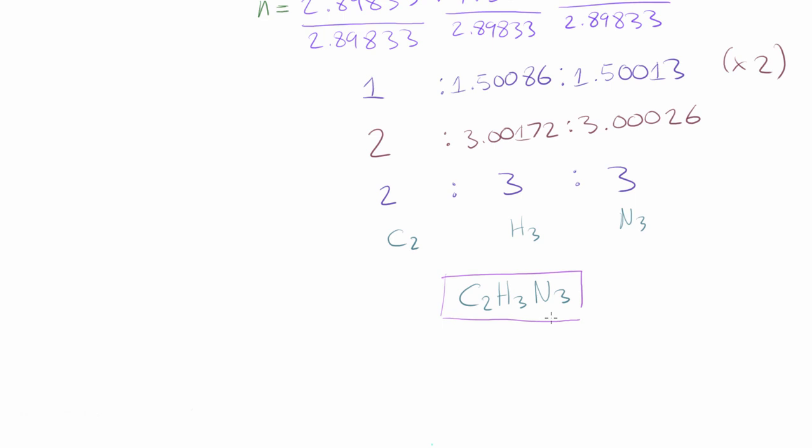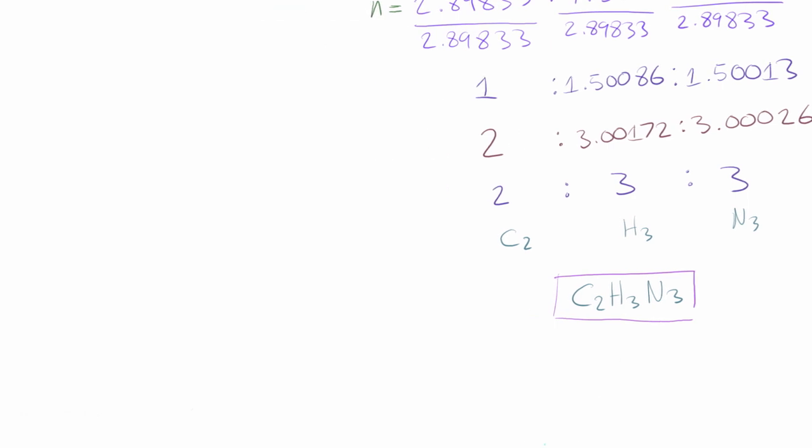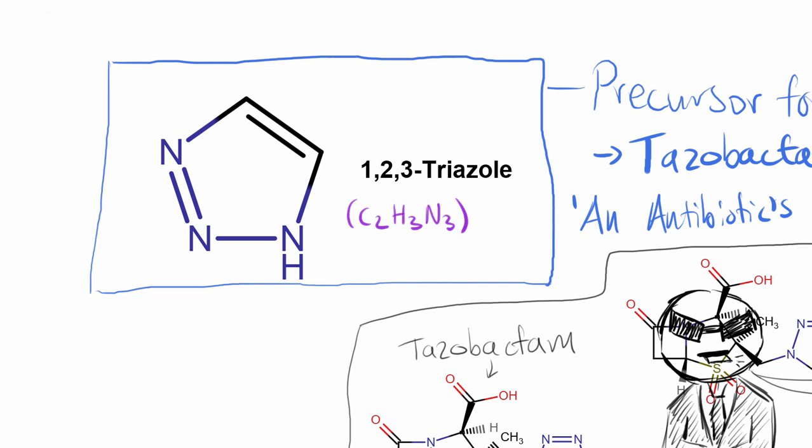But if we were to ask ourselves, if this was the molecular formula for something, what might it be? So I'm going to take a brief look at a molecule which has that formula, C2H3N3. So if we look over here, as you can see, C2H3N3.